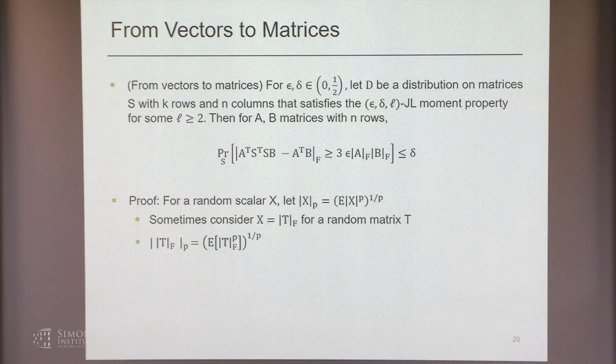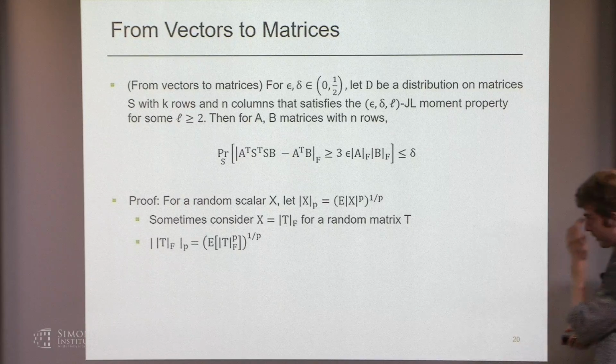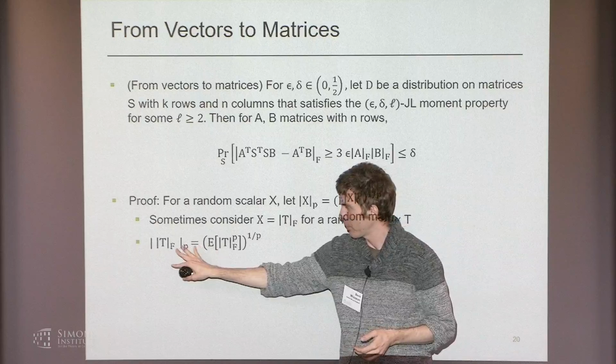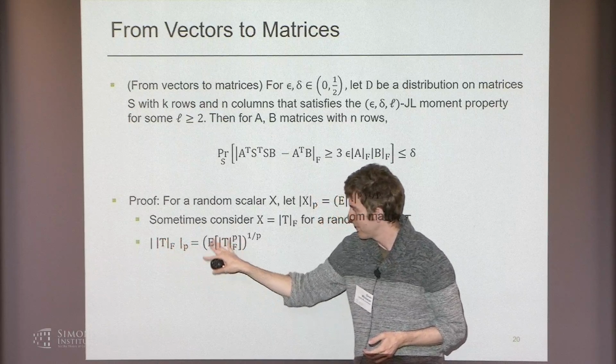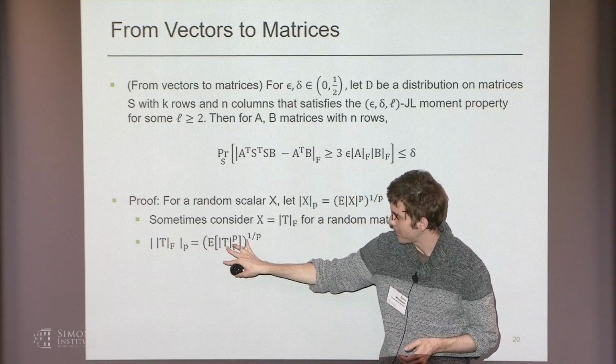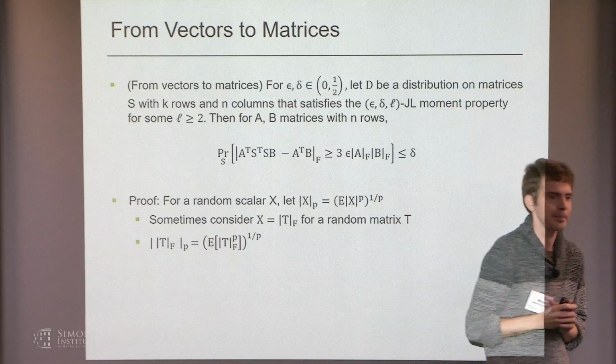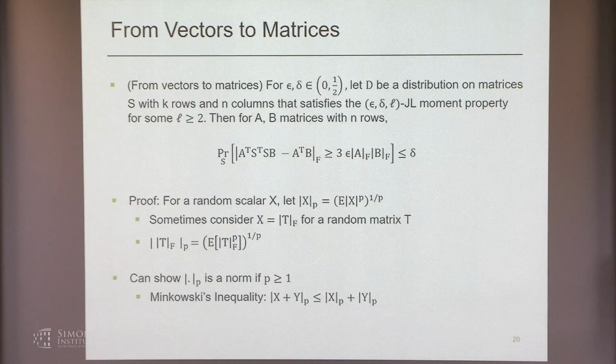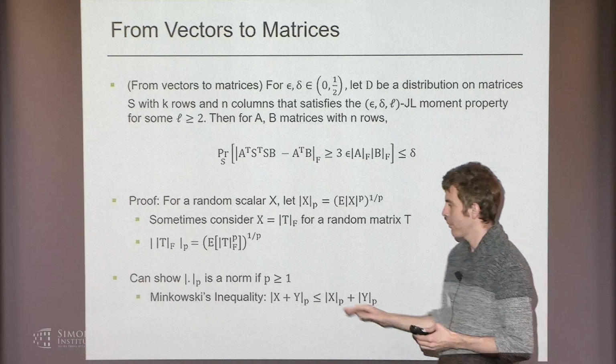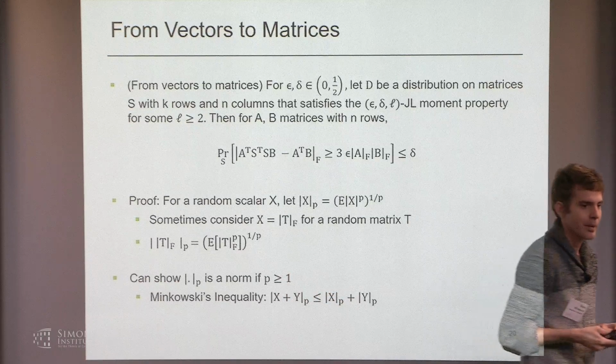Then the p norm of the Frobenius norm of T is the expected value of the Frobenius norm of T to the p, raised to the 1 over p. Now, you can show that this p norm is actually a norm for any p at least 1.